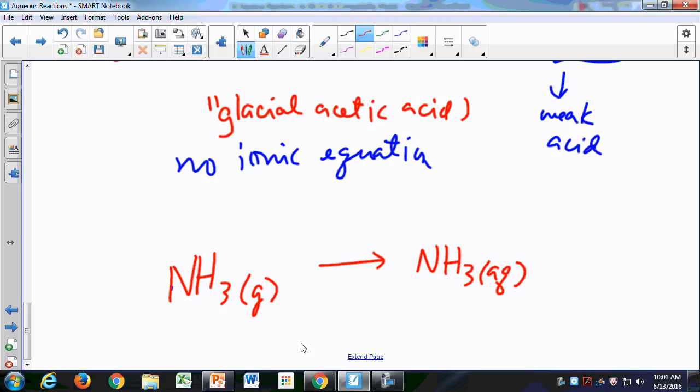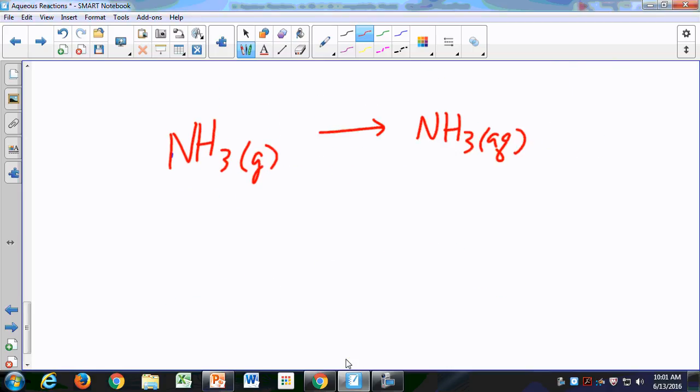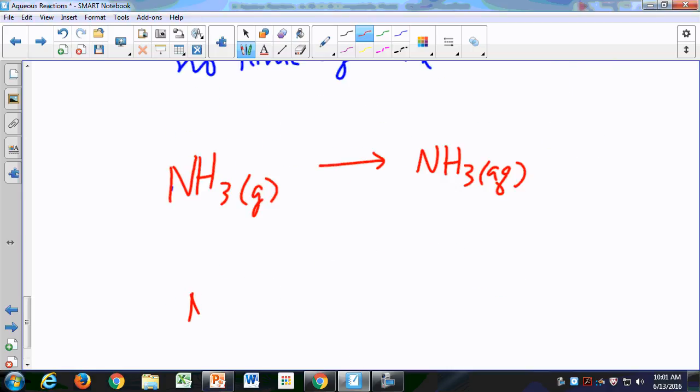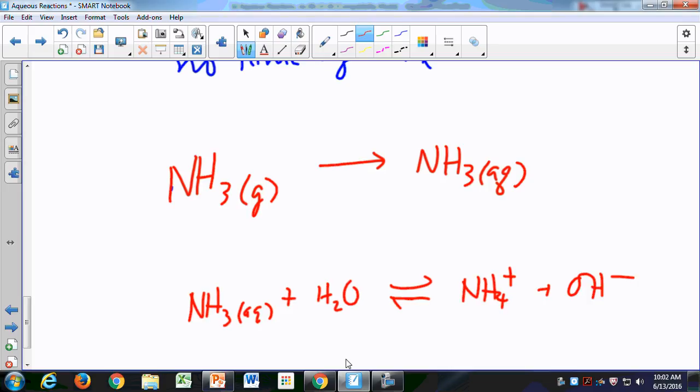That's an example of a base. What actually happens in water is your NH3 will pick up a proton from water, an H+, and to a certain extent it reacts and ionizes to give you ammonium ions and hydroxide ions.